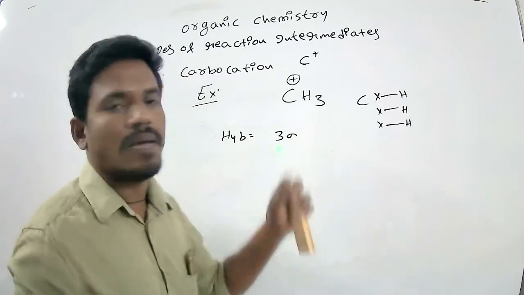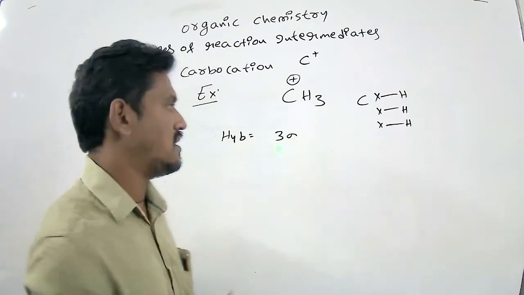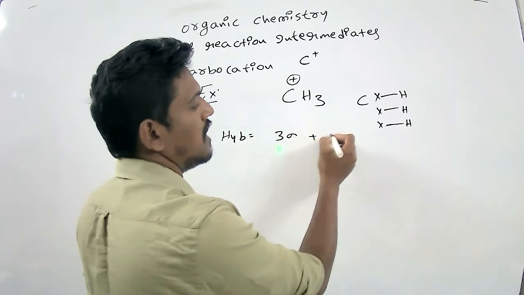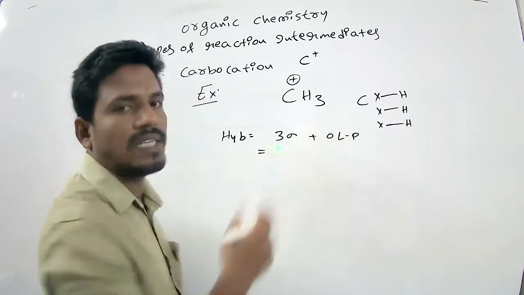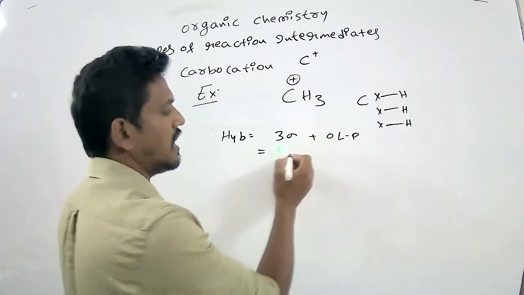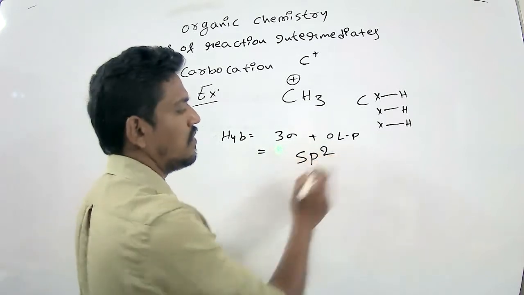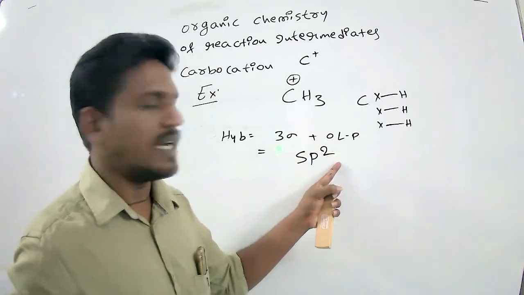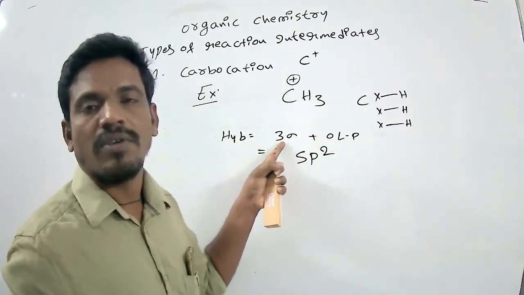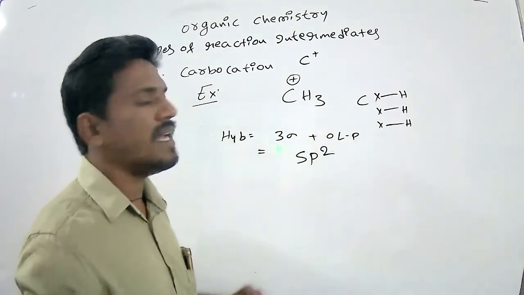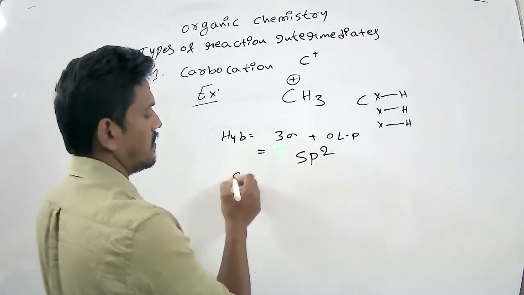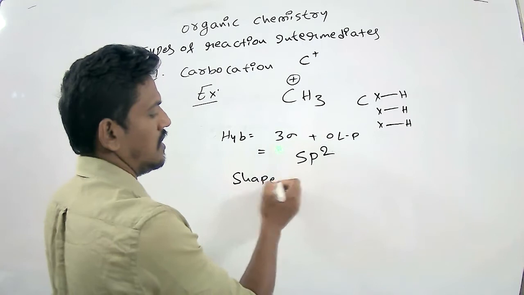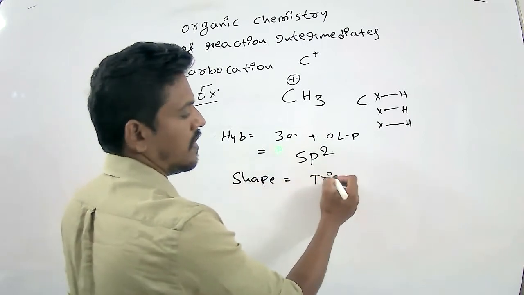So the hybridization of organic compounds can be predicted. The hybridization is equal to the number of sigma bonds plus lone pairs. Here there are 3 sigma bonds and 0 lone pairs. If the number is 3, the hybridization can be predicted as sp2. So 1 s orbital and 2 p orbitals, total count is 3, equal to the number of sigma bonds. Now the hybridization of carbocations is sp2 and the shape is trigonal planar.